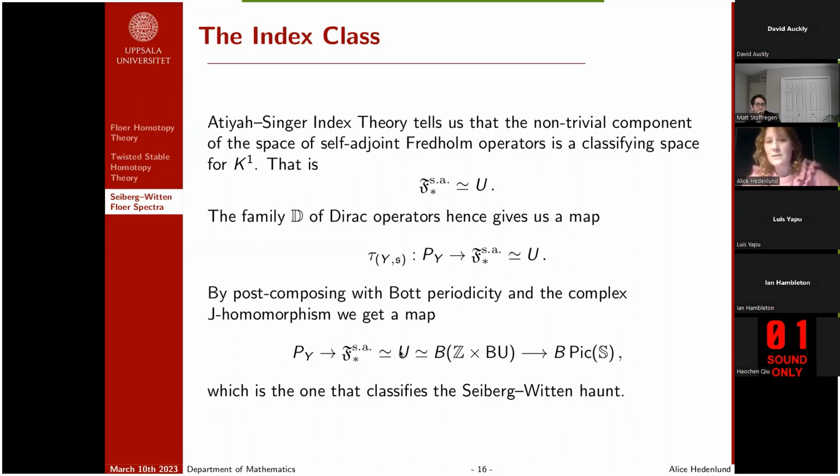So from this, I use Bott periodicity to end up in Z cross BU, and this maps further on to B Pic S, which classifies some sort of gerbe. I'm going to call that the Seiberg-Witten gerbe, and the actual stable homotopy type that you construct from the Floer data would have to be a section of this gerbe, basically.